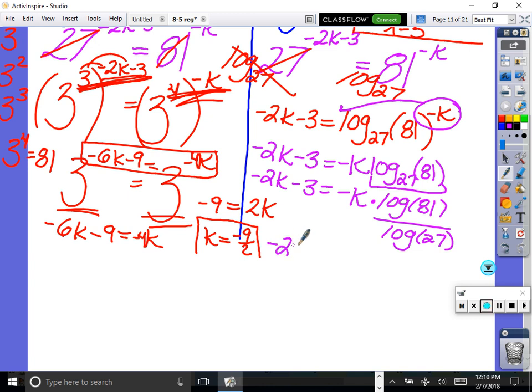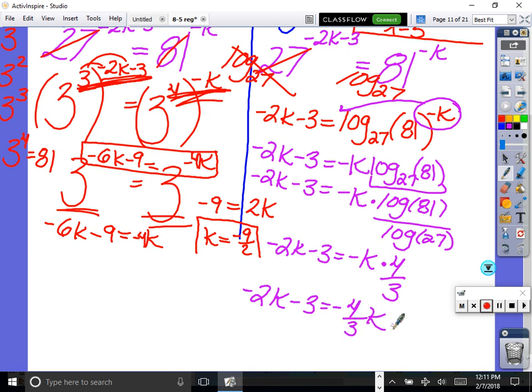So we would have negative 2k minus 3 equals negative k times, we would hit math enter because we would rather have fractions, 4/3. So isn't that just this? Negative 2k minus 3 equals negative 4/3 k.